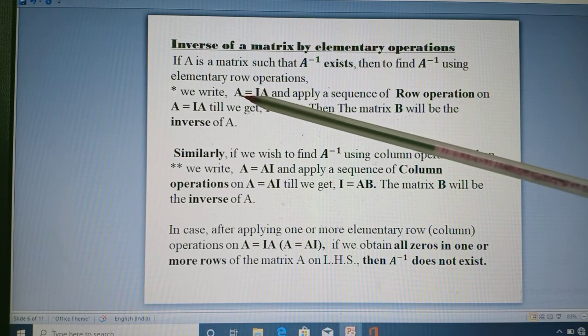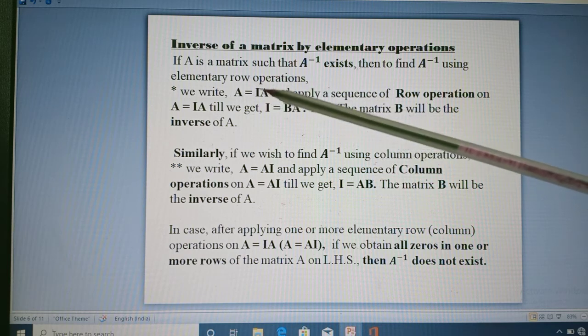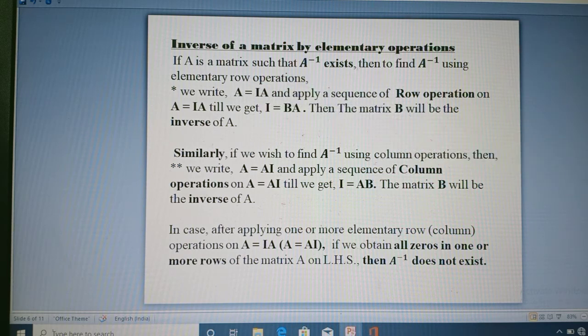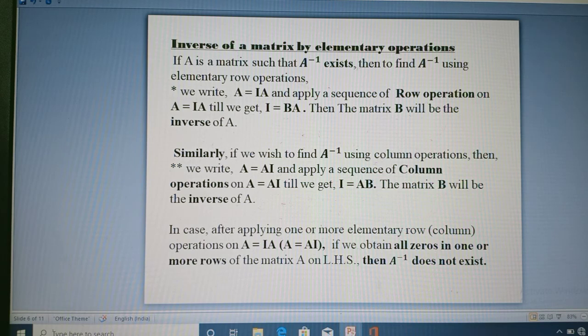When this A changes, simultaneously this I will change. So this I will change to some other matrix, and we name it B. So I equal to BA will be formed. Then we can say that B is the inverse of A.